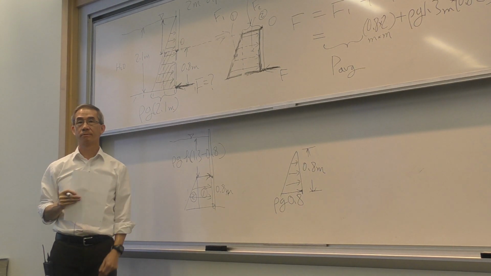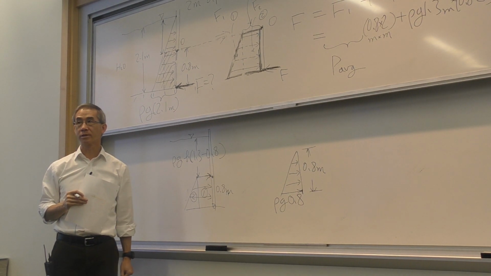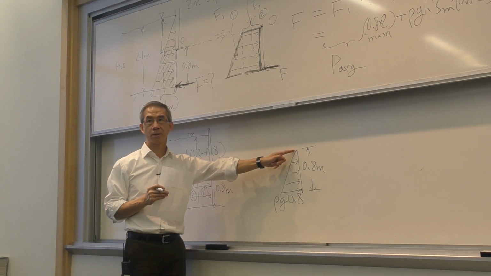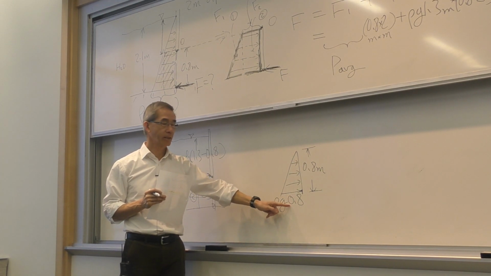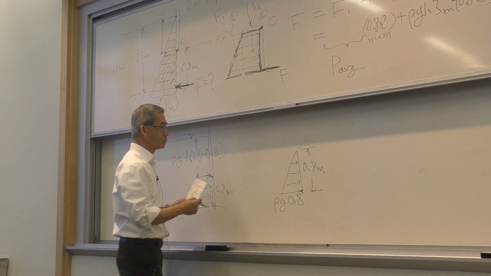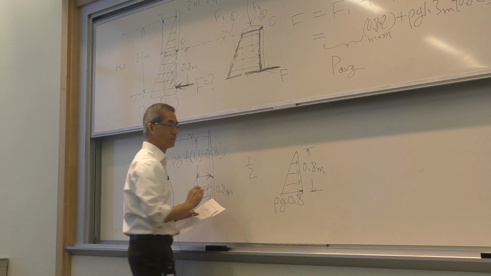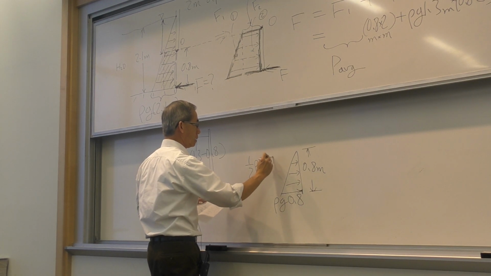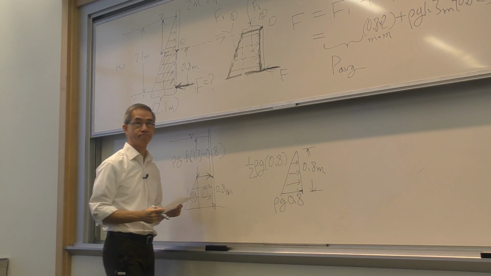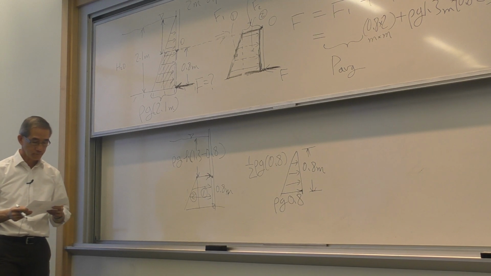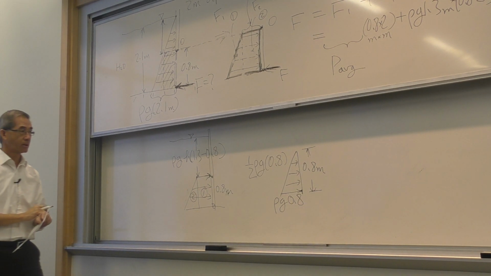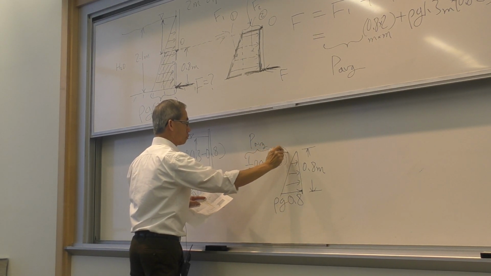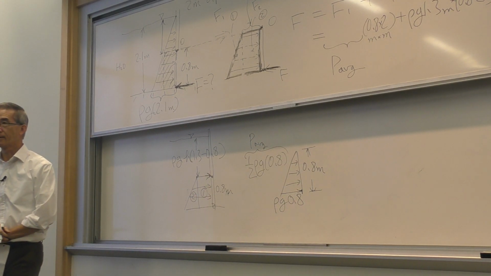From last lecture, what's that average pressure? 0 at the top, rho G 0.8 at the bottom. That pressure will be 1/2 rho G 0.8. That's my average pressure. Question on that?